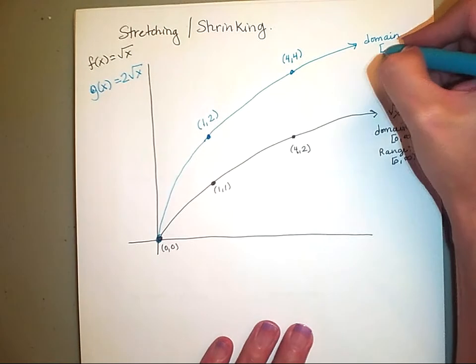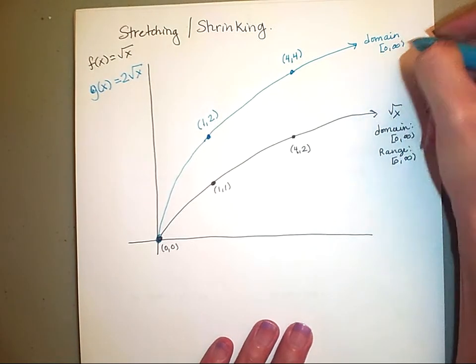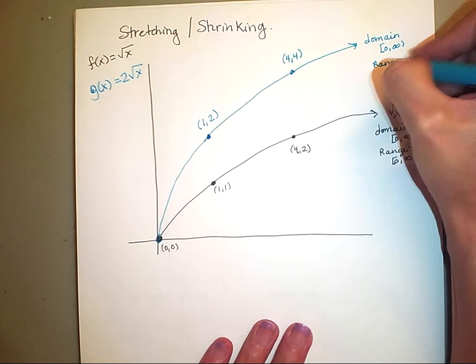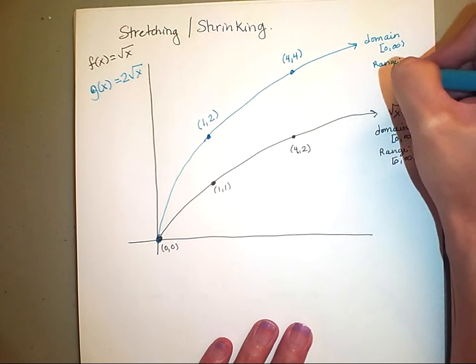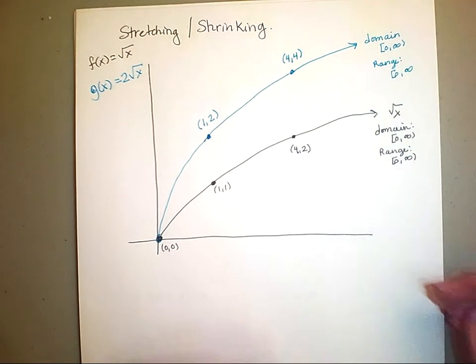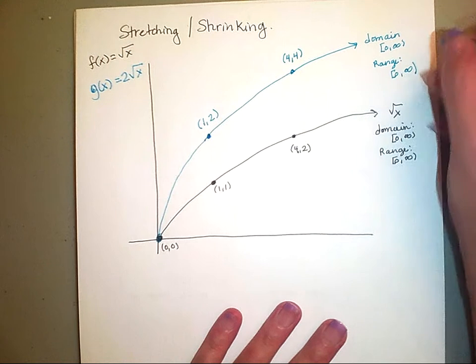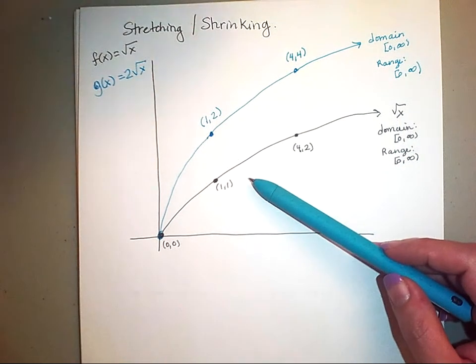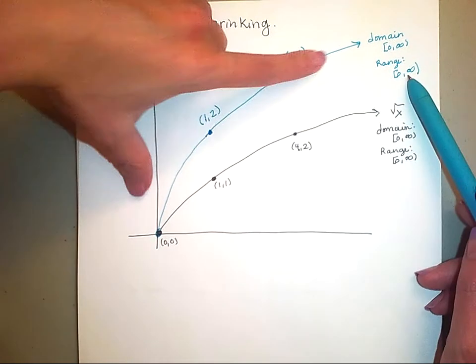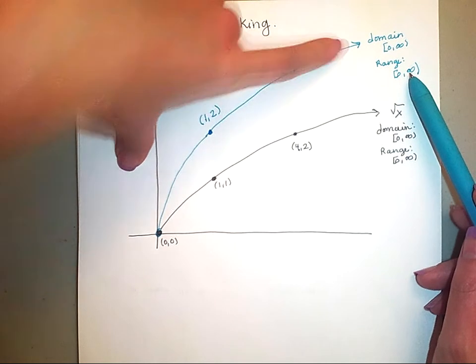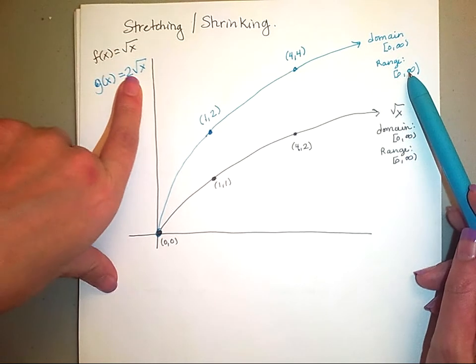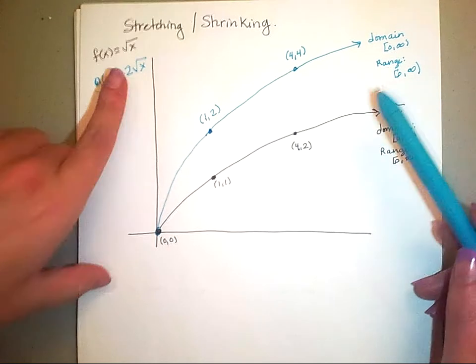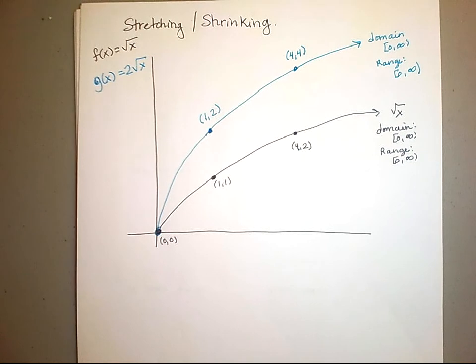The domain here is still 0 to infinity, and the range is still 0 to infinity. Okay, we've not moved up or down. The difference is that I've pulled this graph up, I've stretched it, and so it's going to this concept of infinity, but it's going to go there twice as fast. So therefore we say it's been stretched.